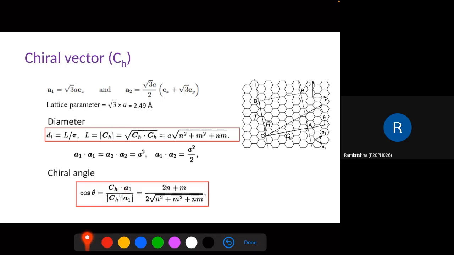Okay, so that is the dot product, the inner product of this chiral vector and a1, and you'll see that the maximum angle theta will actually be 30 degrees, not more than that. So you cannot have theta higher than 30 degrees.